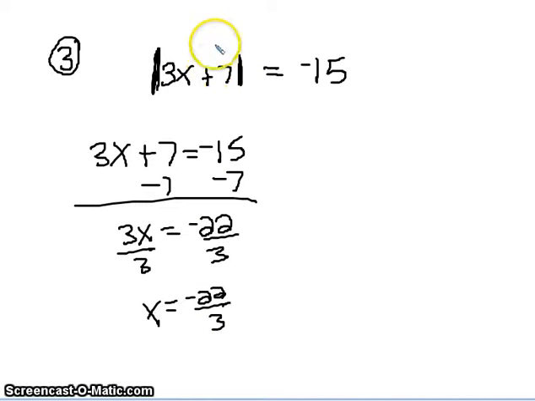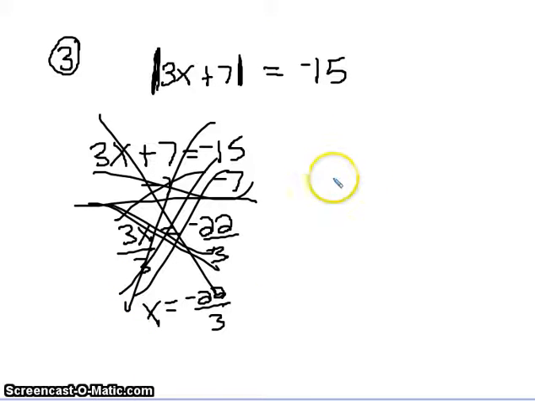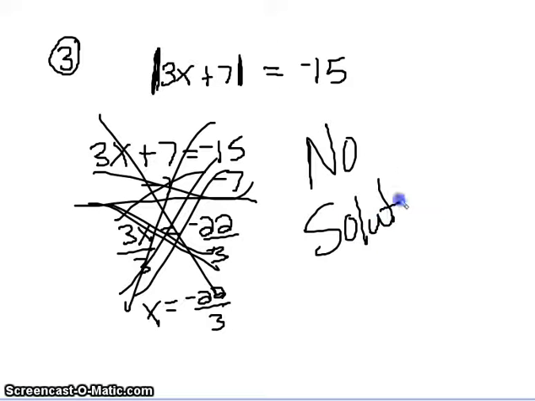If you plug this in, you get the absolute value of negative 15, but the absolute value of negative 15 is not negative 15. The absolute value of negative 15 is positive 15. This cannot work. Even if you do the opposite, it is no solution.